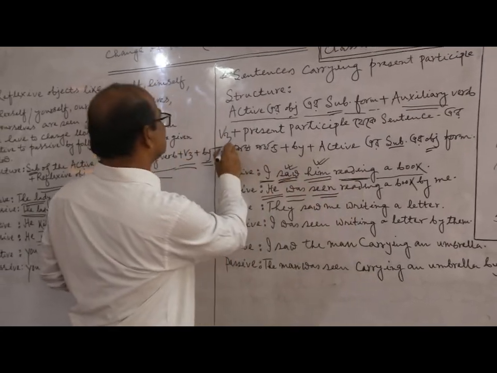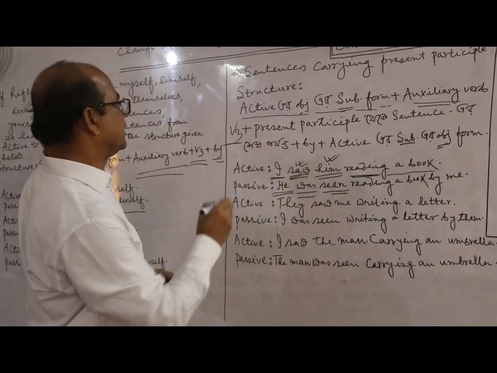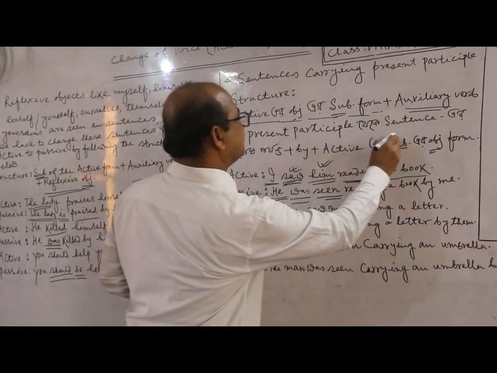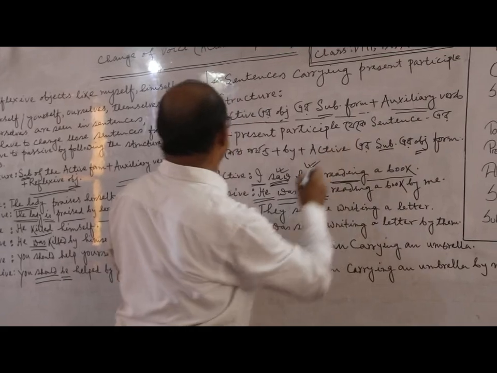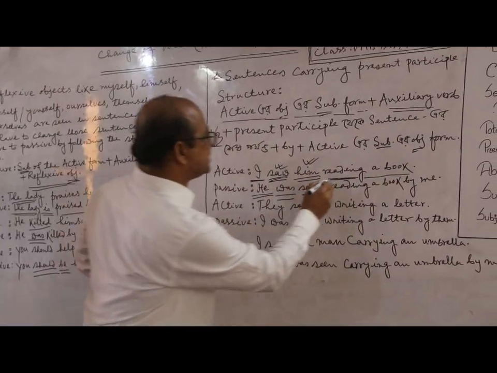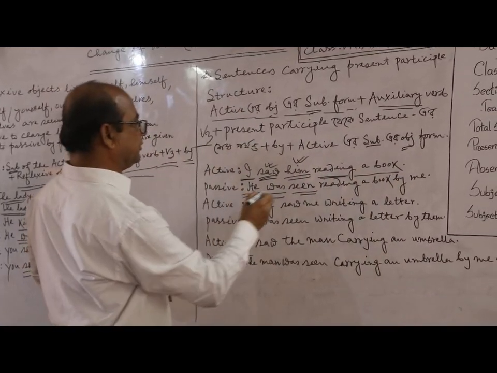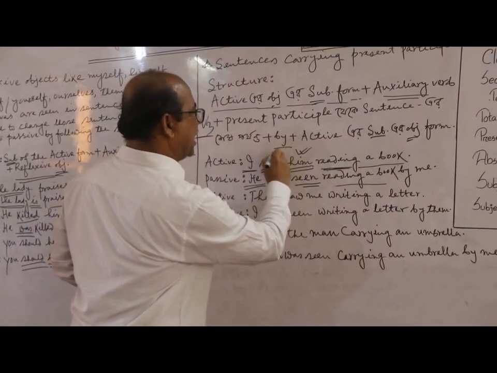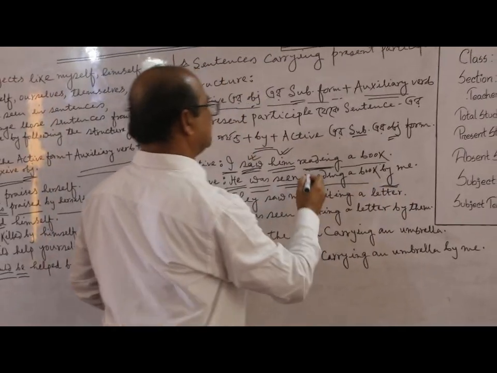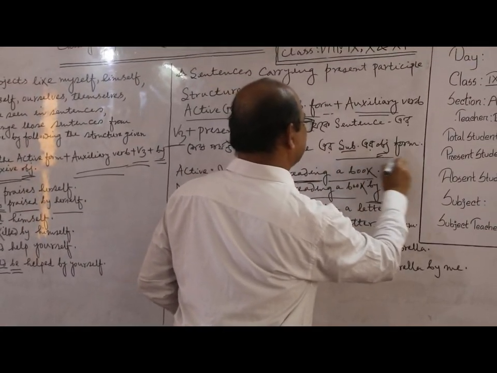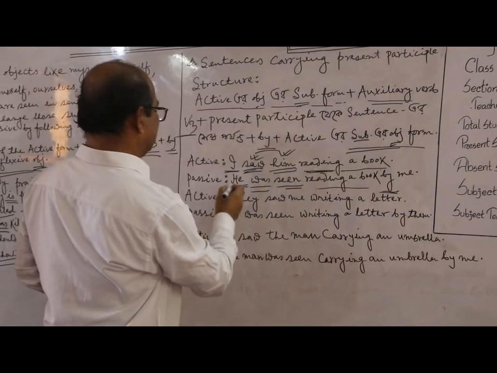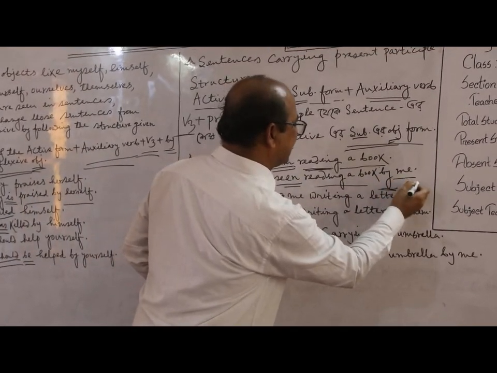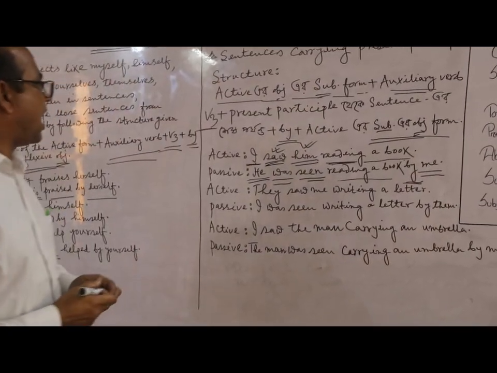Saw theke seen. Then present participle form. That means present participle theke shesh porjonto. That means reading a book. Next, by. Then subjective objective form. That means subject was I. Here I have written me instead of I.